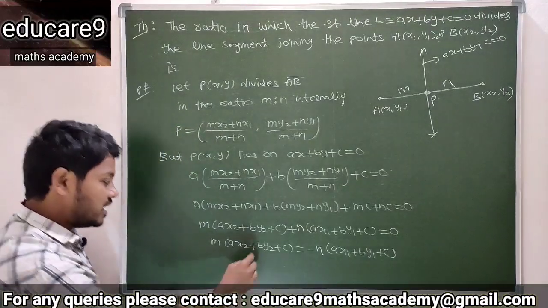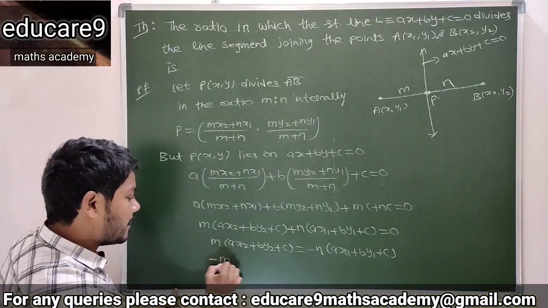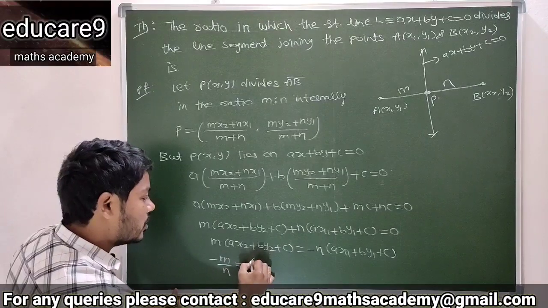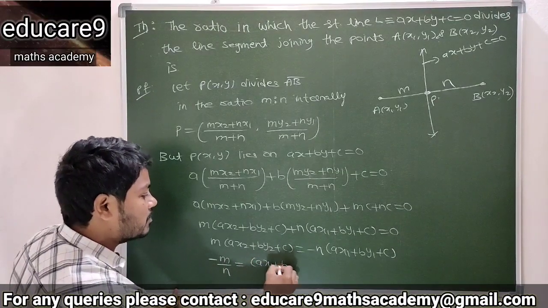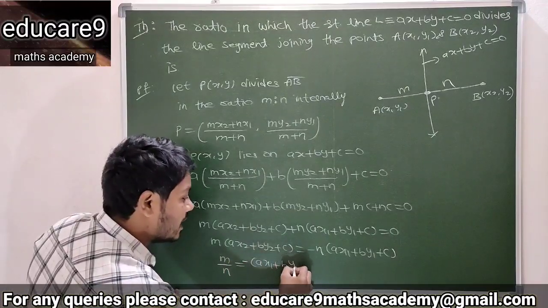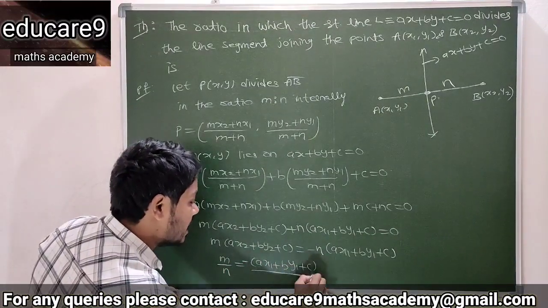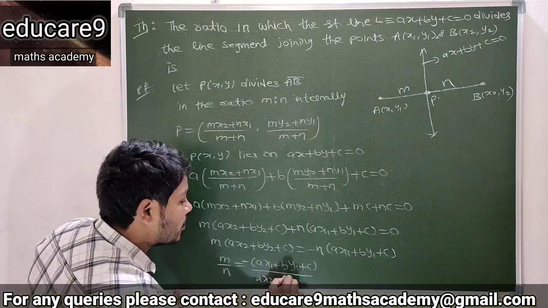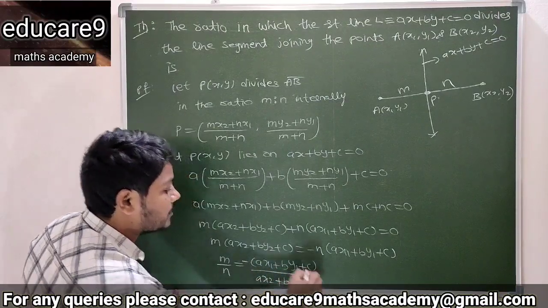So m by n is equal to minus (ax1 plus by1 plus c) by (ax2 plus by2 plus c).